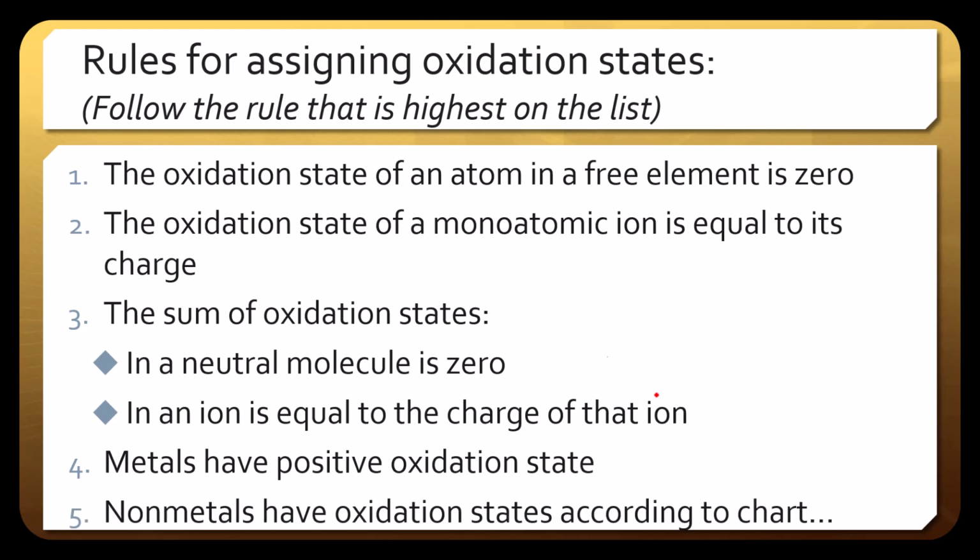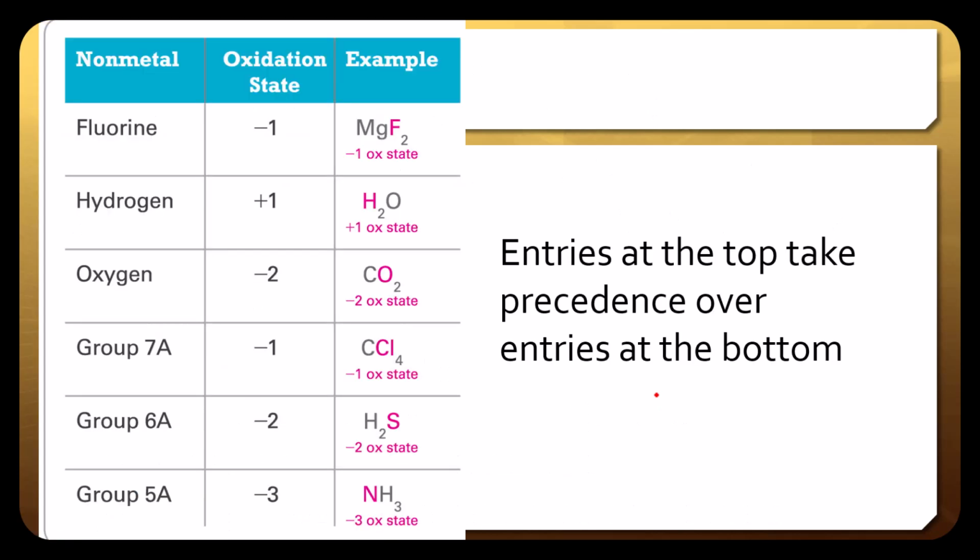Non-metals are the least important of the assigning of oxidation states. The non-metals have their own kind of chart. It didn't fit on this slide, so I've given it a new slide. The non-metals will assign according to the following chart. This chart is also a hierarchy list. As we move our way down, fluorine trumps group 5A.